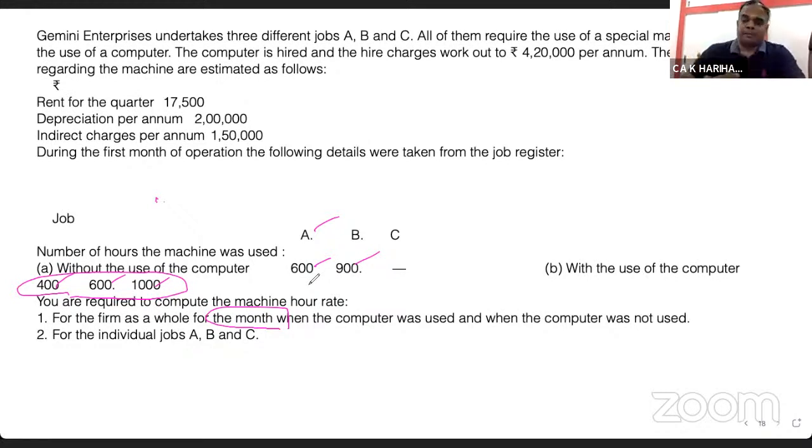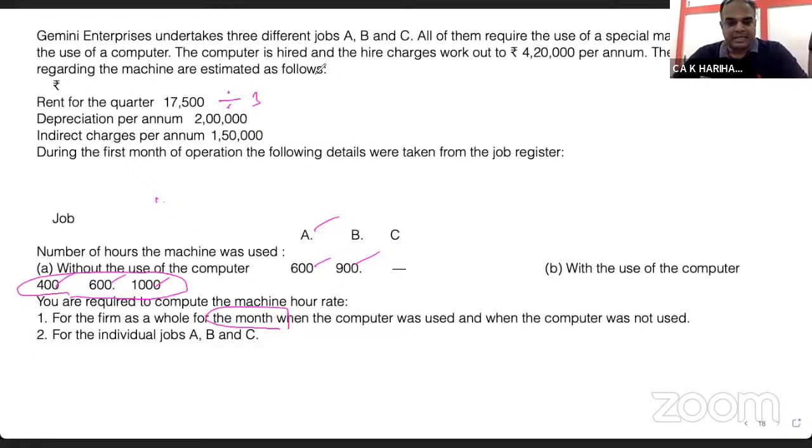With respect to overhead per month, first overhead rent, this is per quarter. Therefore divided by 3, since 1 quarter is equal to 3 months. So 17,500 divided by 3 is equal to rent per month, 5,833.